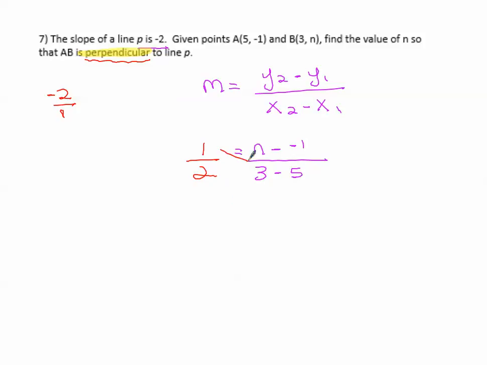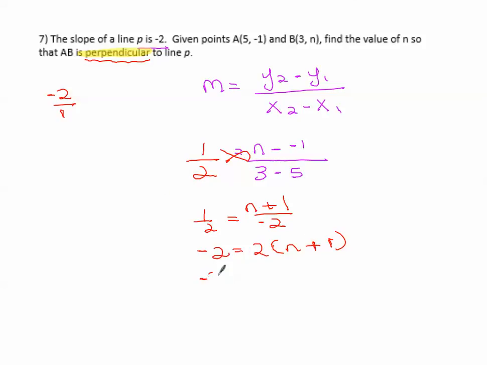Now let's cross multiply. Okay, let me not make any more mistakes. So 1 over 2, n minus -1. And then we have 1 times -2 and 2 times n plus 1. So see, I told you it would come in handy to make those parentheses.